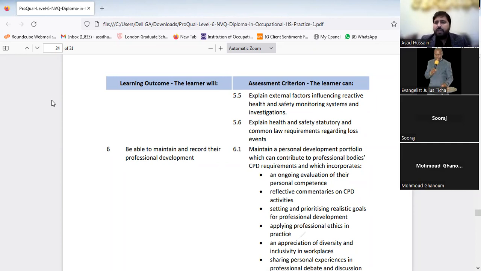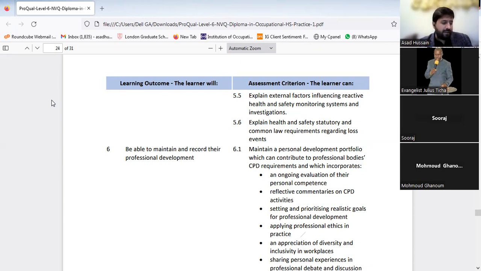So keeping that in mind, we have different external factors which can influence our reactive health and safety monitoring systems and investigation. That can be legislation in your country where you are working, industry best practice, client demands, insurance company requirements, trade union requirements. So you have to explain whatever you are facing in your workplace.